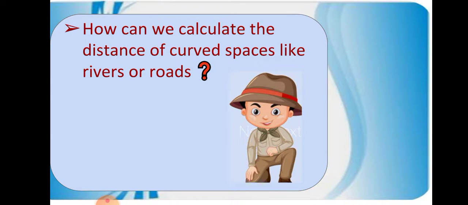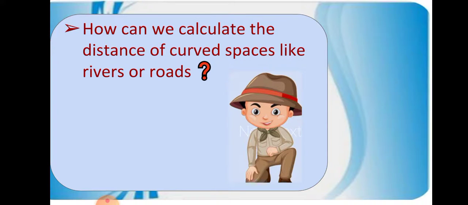Now, let's think about some higher order thinking. How can we calculate the distance of curved spaces like rivers or roads? If you have read sincerely the section about measuring distances of curved spaces like roads or rivers, you know the answer, you can give the answer.